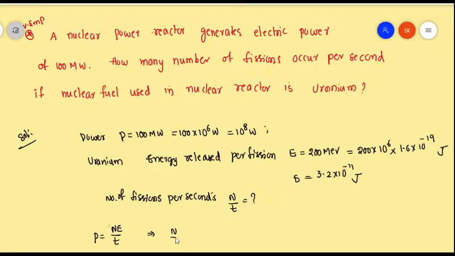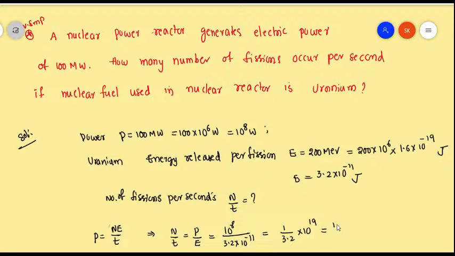From this, if you want to write N by T, what you will get? P by E we will get. What is the P? P is 100 into 10 to the power of 6, 10 to the power of 8, by E, which is 3.2 into 10 to the power of minus 11. If you simplify this, that 11 goes to the numerator, then 1 by 3.2 into 10 to the power of 8 plus 11, 19 we will get.